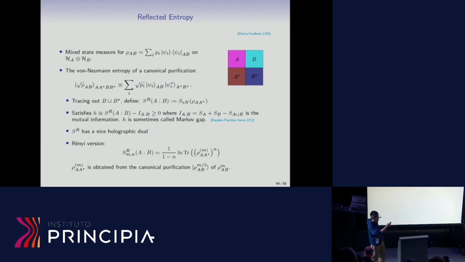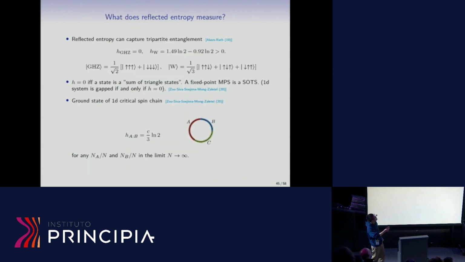Okay, maybe I should move on to the next slide because we are starting to discuss the motivation. What does this reflected entropy tell us? That is the question. It's less understood, I guess, for multi-entropy, so here I limit myself to the reflected entropies.